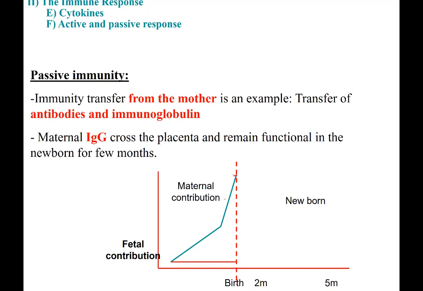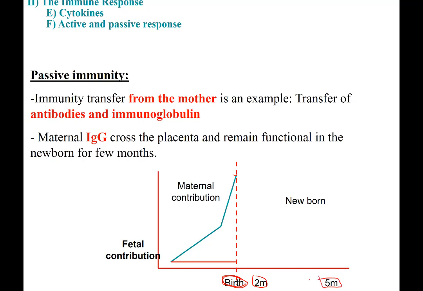So the baby itself is not producing those immunoglobulins. It's just receiving them passively, and those immunoglobulins are going to serve as a defense mechanism. In the graph here at the bottom, this is birth time, and then 2 months on and 5 months on.